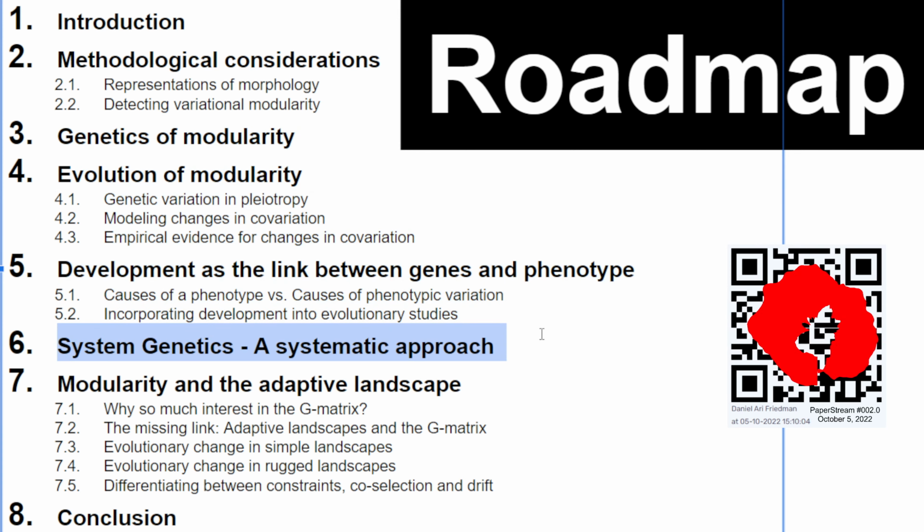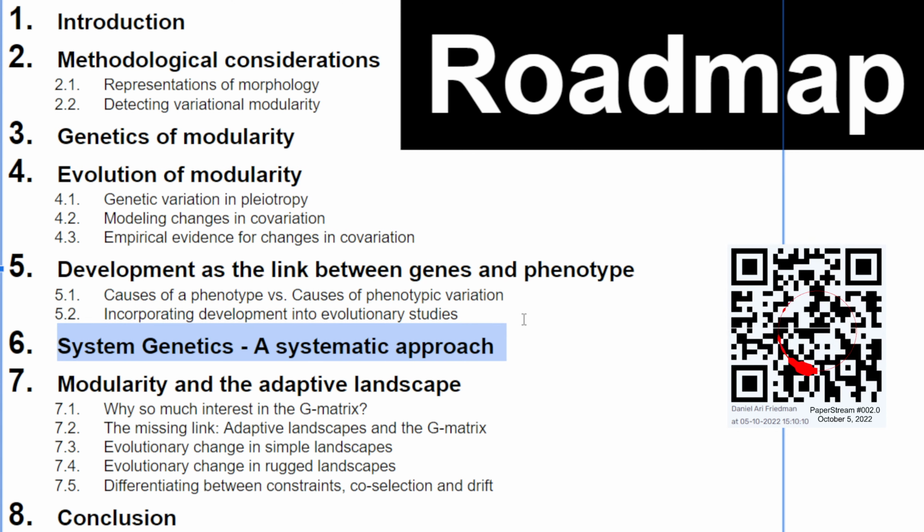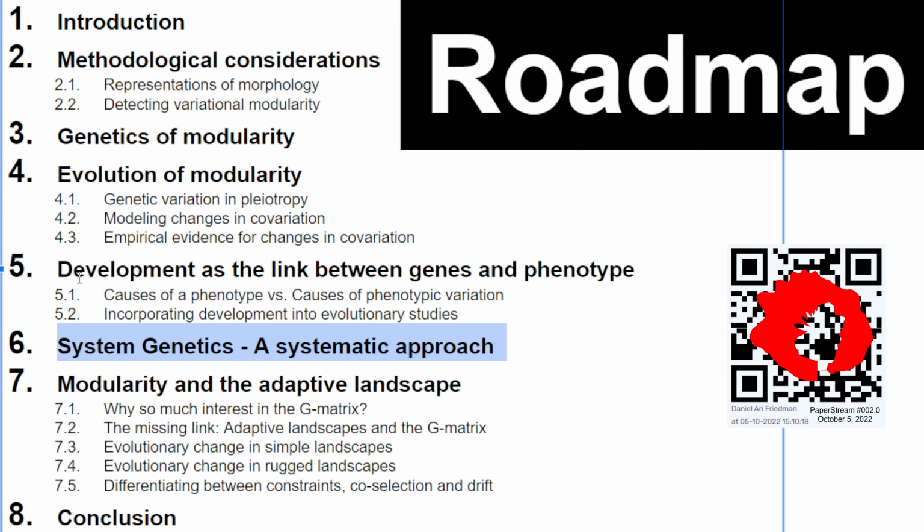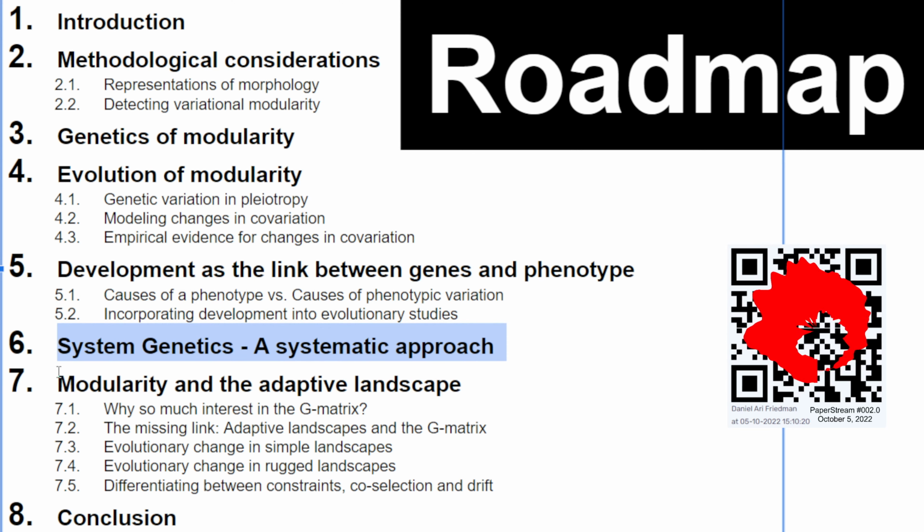Then, section 6 on systems genetics will provide a notion of systems genetics and integrative genomics as helping to approach some of those questions raised in the earlier sections using the kind of data sets that are available in 2016 and beyond.